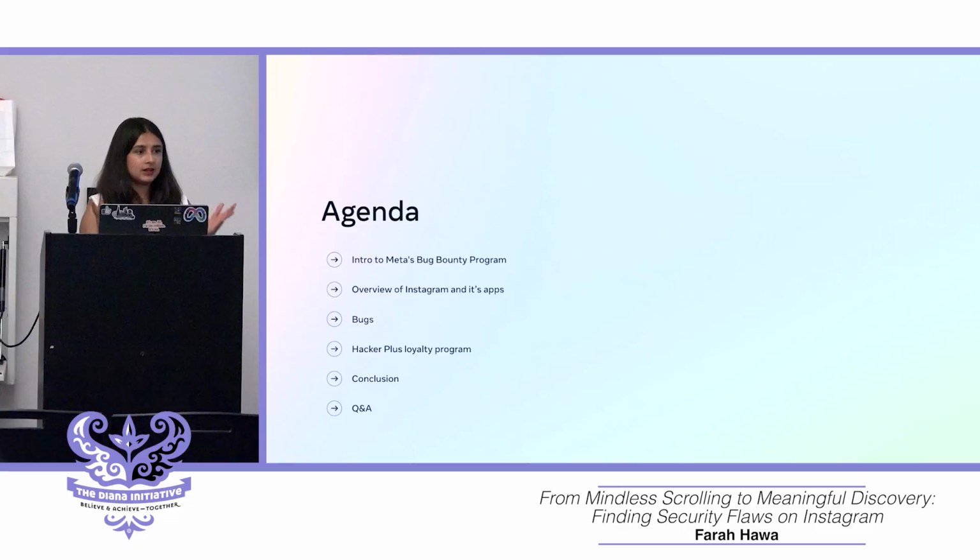All 4 of them, like I said before, have one thing in common. They did not need any tools. They did not need even Burp Suite to be found. All you need is the app on your phone. Finally, we'll cover some of the benefits that are provided by Meta's Bug Bounty program. And at the end, we have a Dyna Initiative exclusive bonus for anyone that's interested in hacking on Meta.